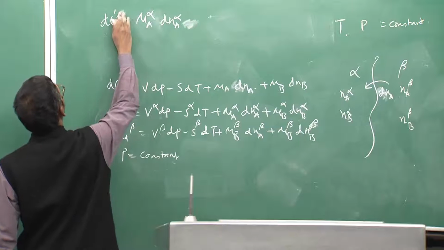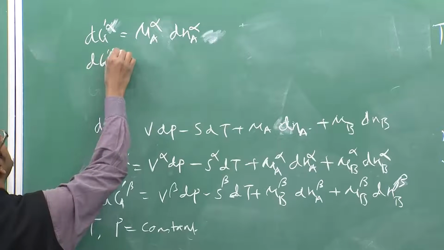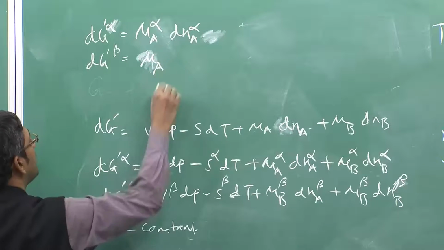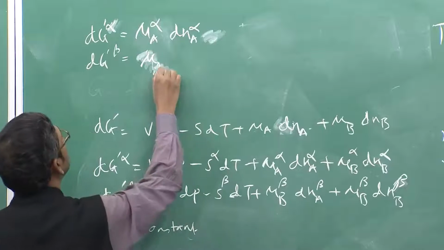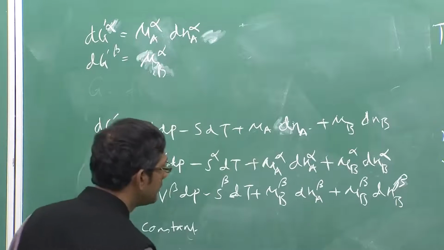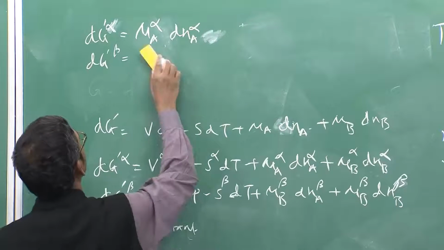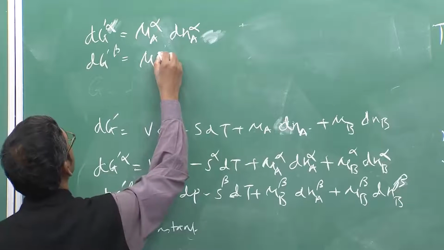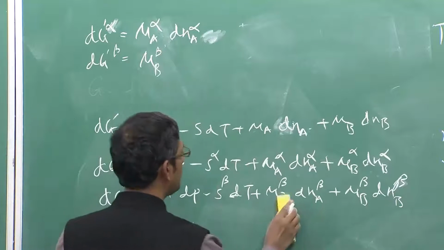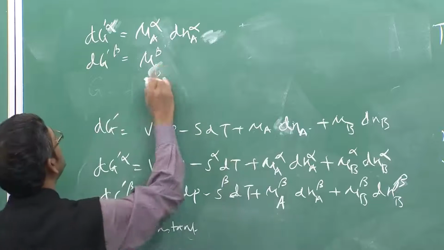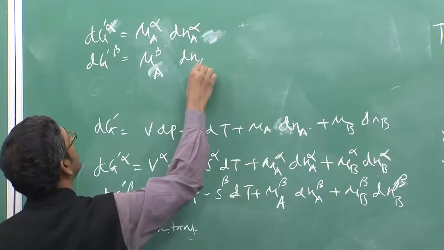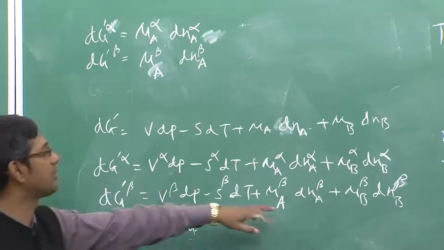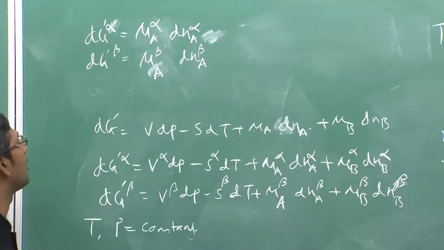Similarly, this is for G prime alpha. For G prime beta it will be mu A beta, not mu B, I made a mistake, yes, mu A beta dNA beta, correct, because only A molecules are transporting, so these NB are not changing at all, I have assumed that.